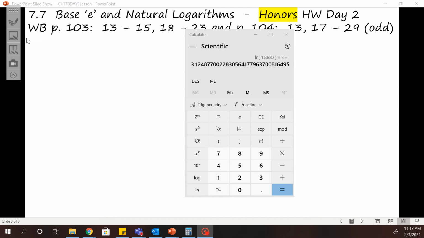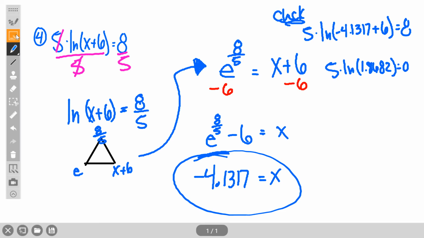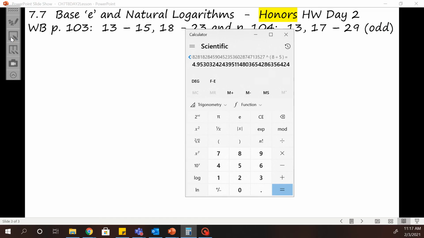E to the 8/5 power. So e raised to the 8/5 power, 4.95. Yeah, I made a mistake there, and then subtract 6.